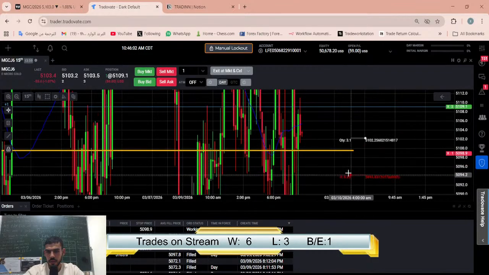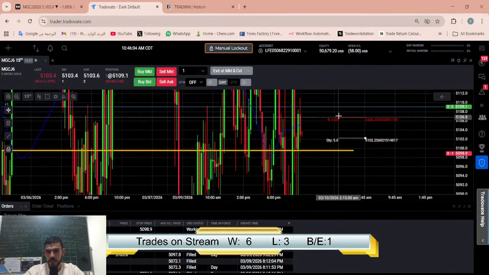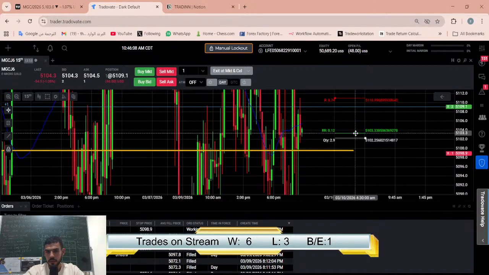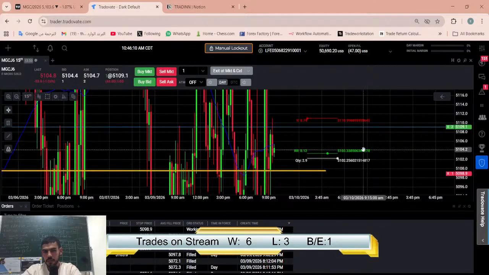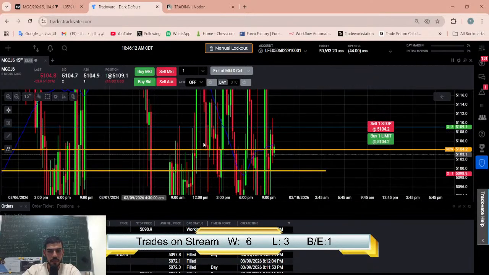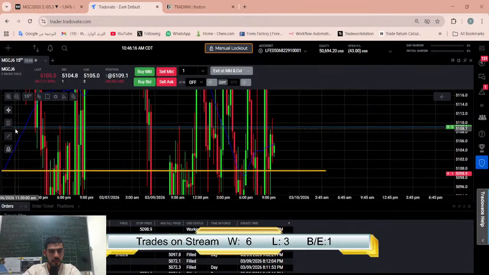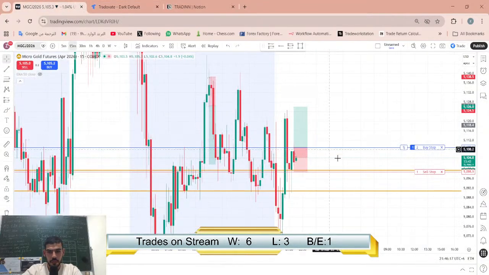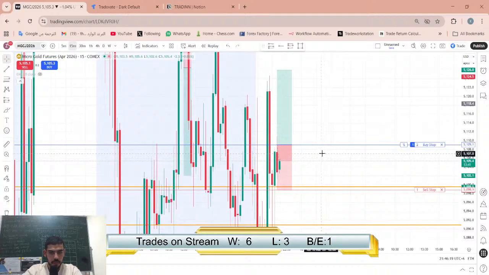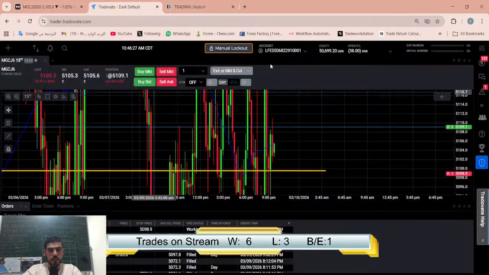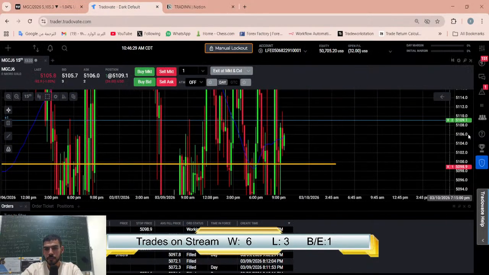Oh, okay, but what's this? Let me check again. Check this stop loss. How much is it going to be? 70. Yep, I think it's good position sizing.